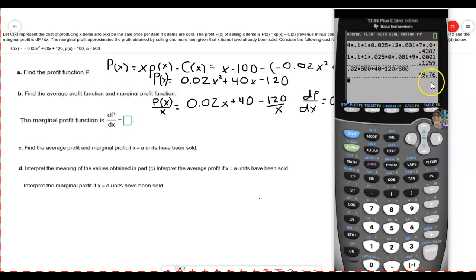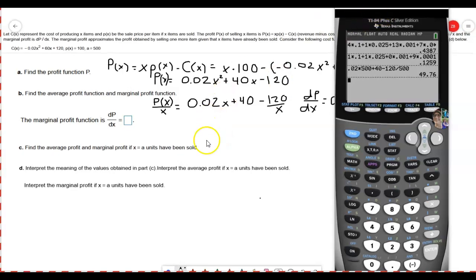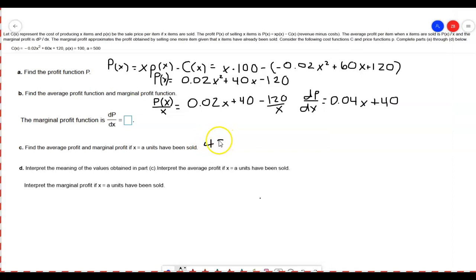And there we get 49.76. So the average profit per unit when we make 500 units is $49.76. And that is our average.